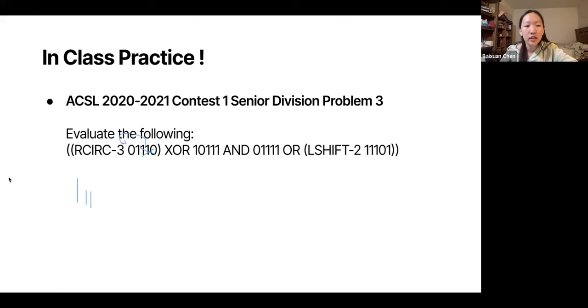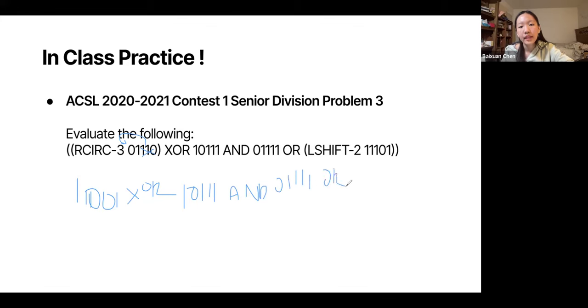Sorry, 11001. And then exclusive or 10111 and 01111, or and then left shift, we take the left two most digits and we remove them and we add 2 zeros to the end. 10100.